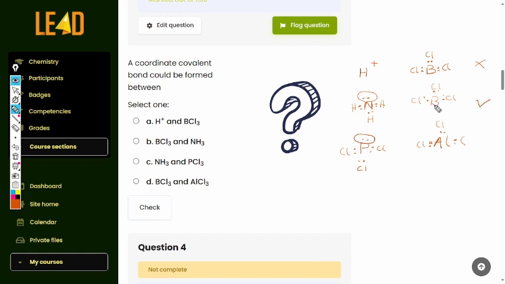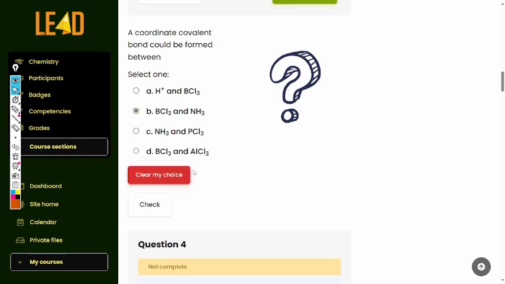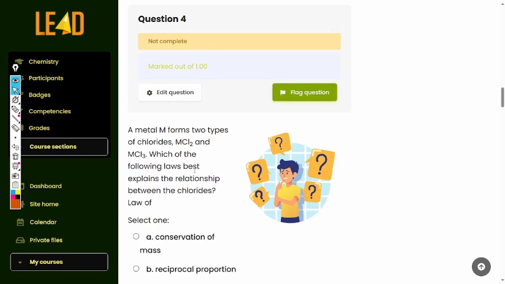Also, boron trichloride has no lone pair of electrons, so they are both receivers. They are supposed to receive the pair of electrons. So both of them cannot form a dative bond because neither of them has lone pairs of electrons. So the correct answer is C. Oh, B. It's B.